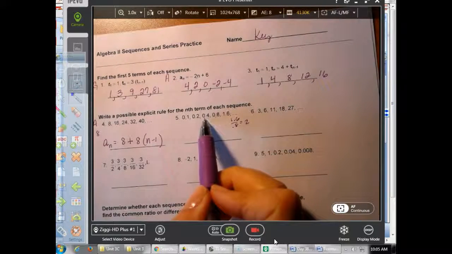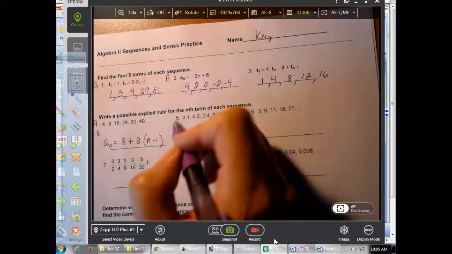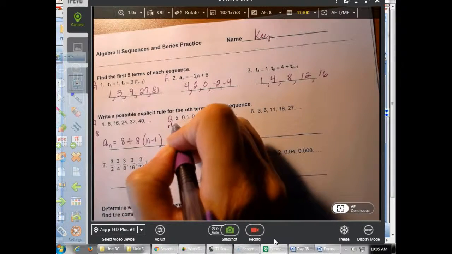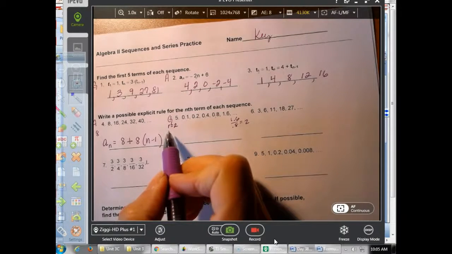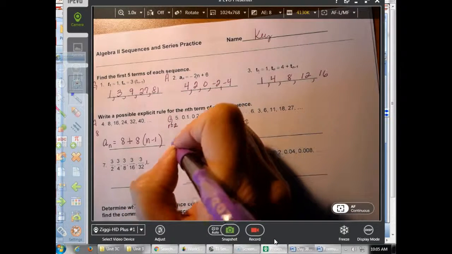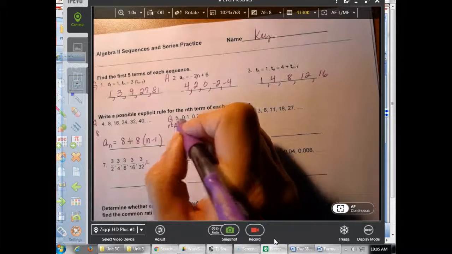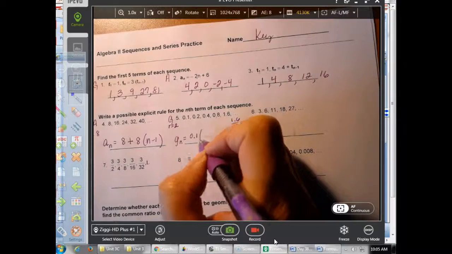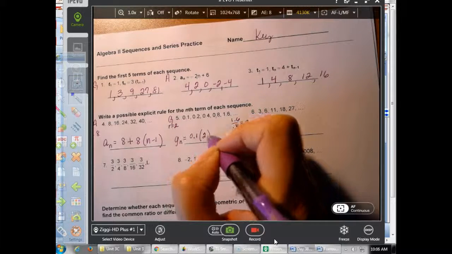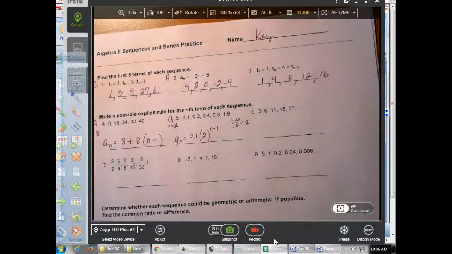Do 0.8 divided by 0.4, you also get 2. So this is geometric with R equal to 2. My formula is going to be G sub n equals the first term of 0.1 times my R of 2, to the n minus 1.